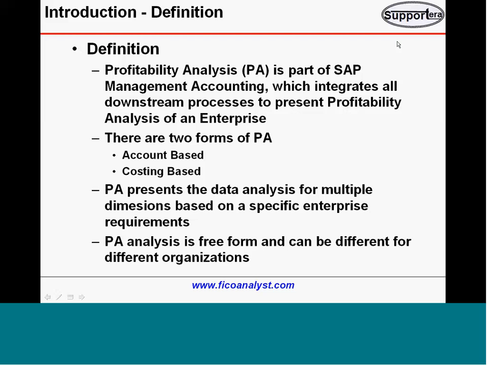In simple terms, you are integrating COPA with many other source processes, and then analyzing the profitability of these scenarios.